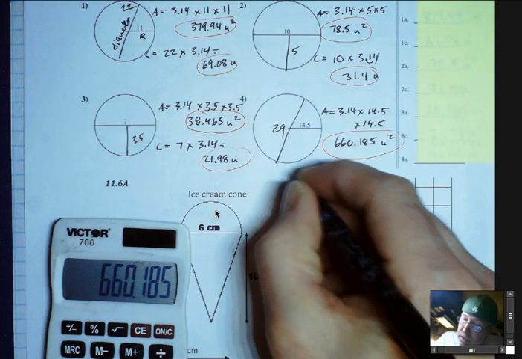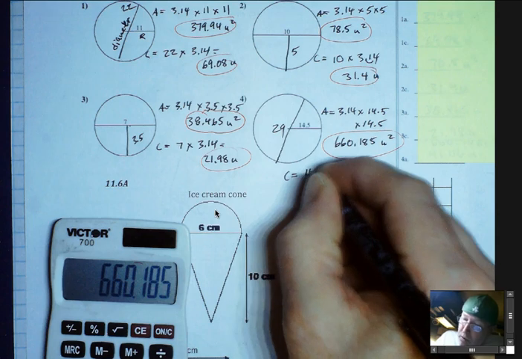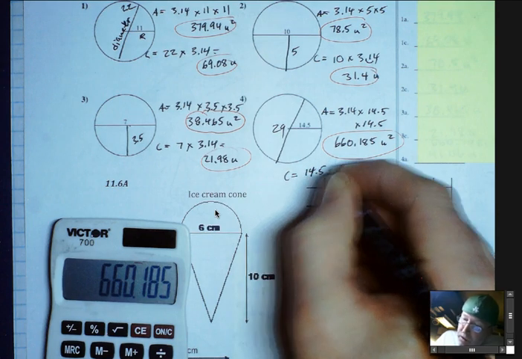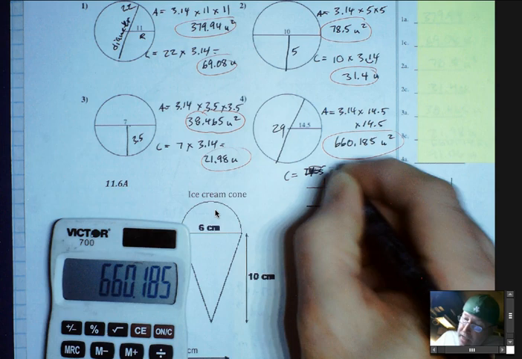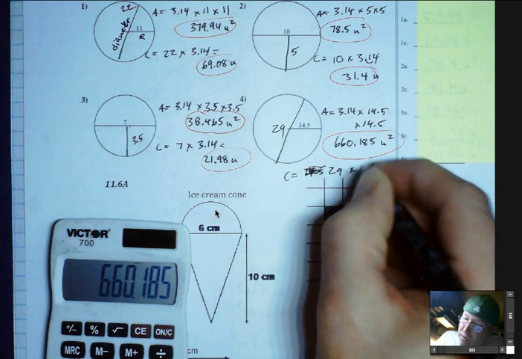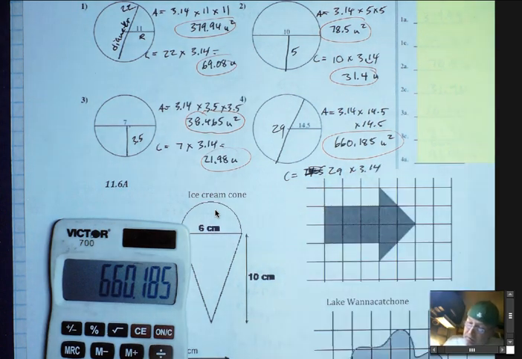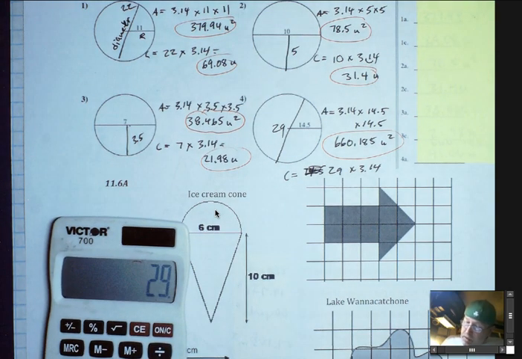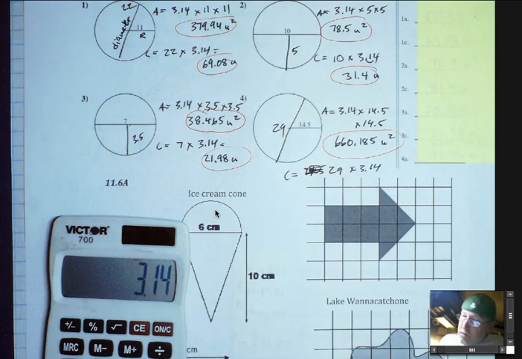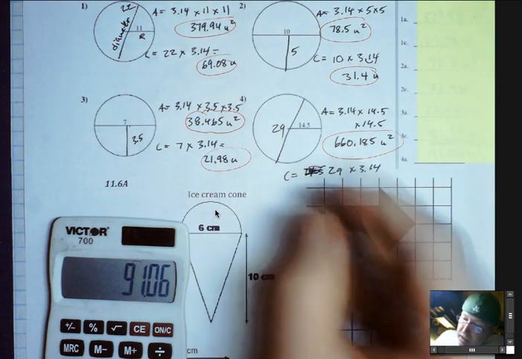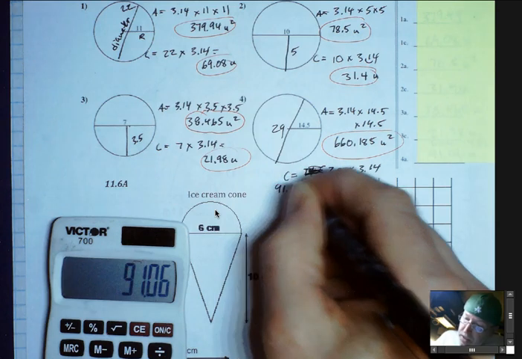So the circumference is equal to 29 times 3.14. Almost slipped up there, got to be careful. 29 times 3.14 is equal to 91.06.